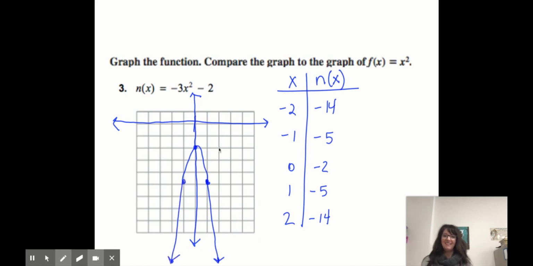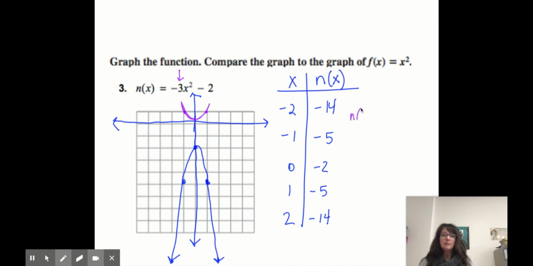All right. So now because we did it this way, let me change colors here. Our parent function is still right here. So when we're looking at comparing these, we have some things that have changed now. This looks narrower, right? And it's opening down, and that's because of the negative number.